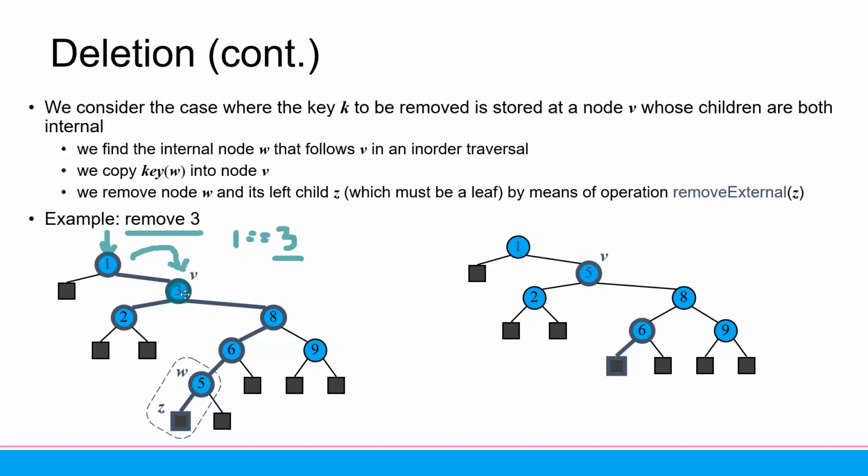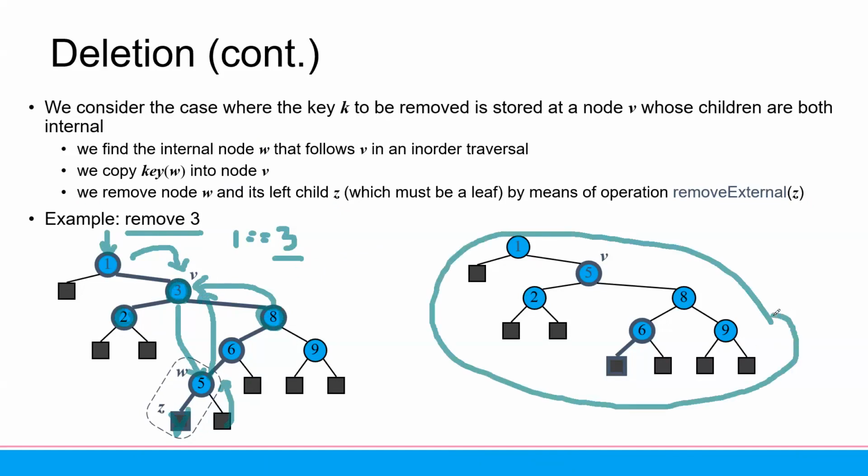After we find 3, we want to remove it, but we have 2 and we have 8. Instead of inserting 8 into v, we will check the next node, which is 5. After we find 5, we update v with the 5. Then we remove this one, and this one will go up, and this will be the updated tree after the deletion.